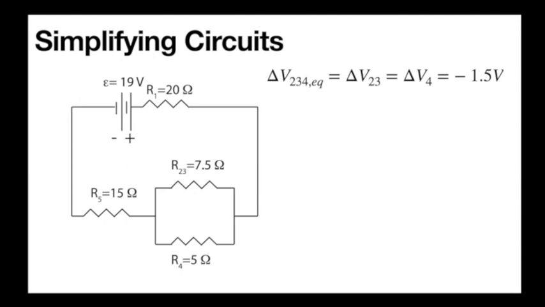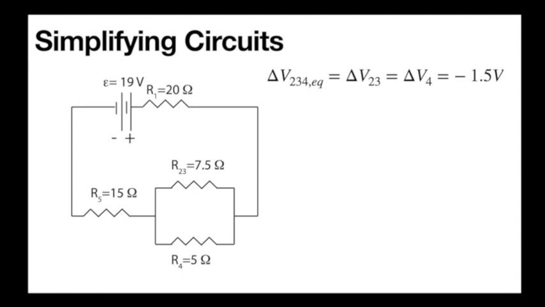So if I just took this circuit and drew a black box around this parallel segment, by finding the equivalent resistance, we're saying that you can't tell whether I put these 2 resistors here in parallel or their equivalent resistor there. They're both going to produce the same behavior, or the same voltage drop. So if my voltage drop across the equivalent resistor is minus 1.5 volts, then the voltage drop across this setup has to be 1.5 volts.